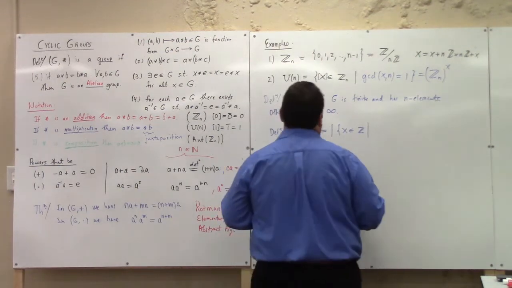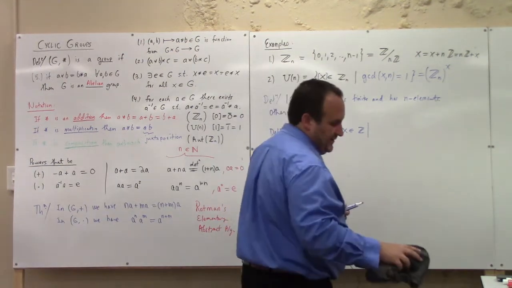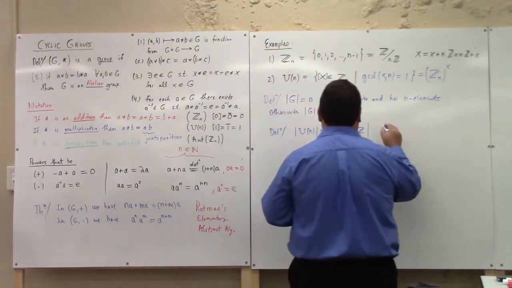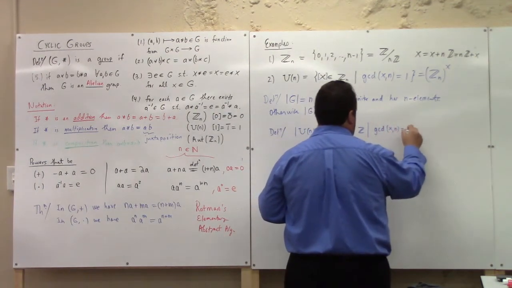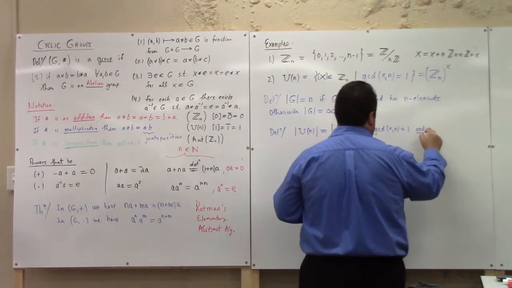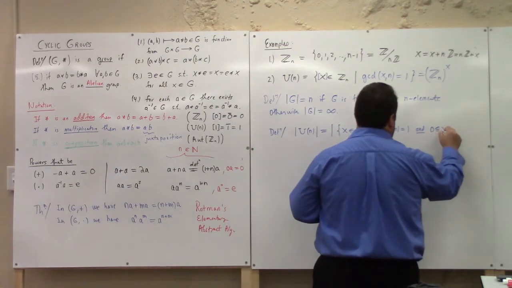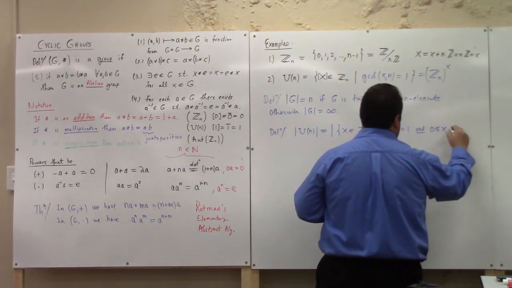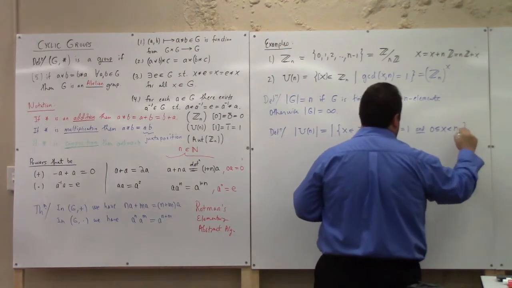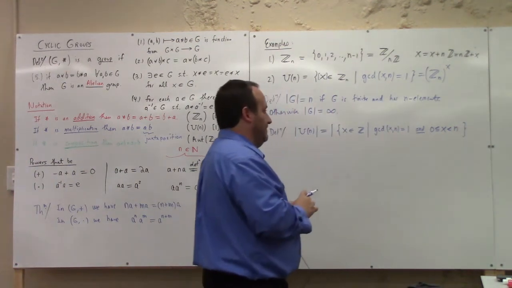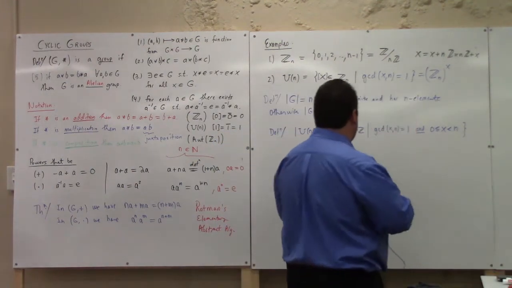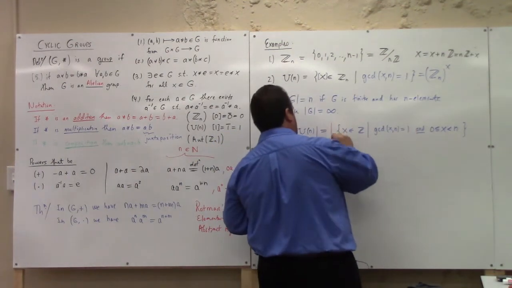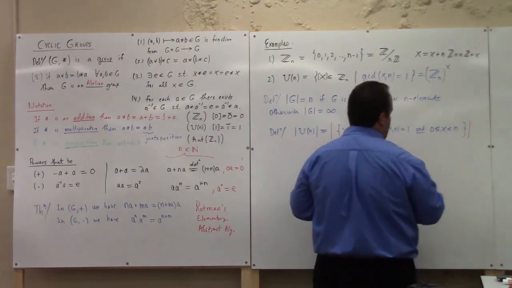I can put more conditions over here. So I'll say such that the greatest common divisor of X and N is equal to 1, and 0 is less than or equal to X is less than N. And I'm saying the size of that is the order of UN.